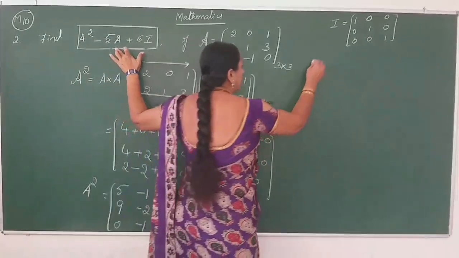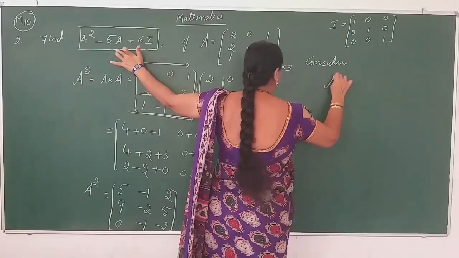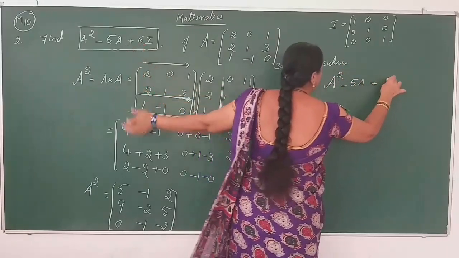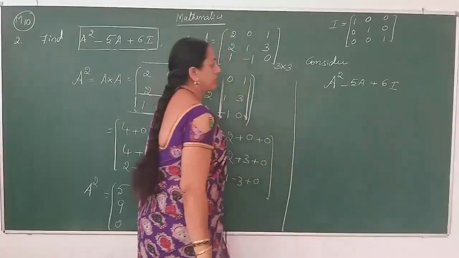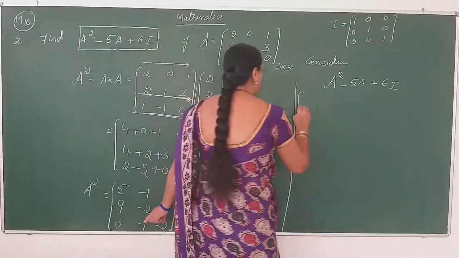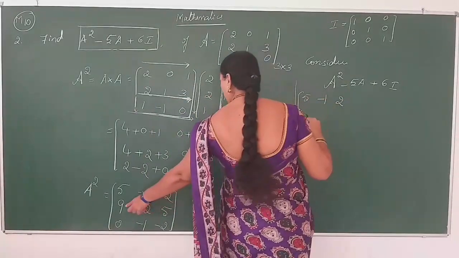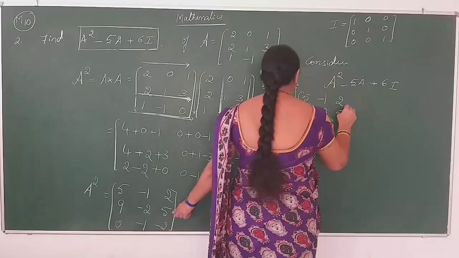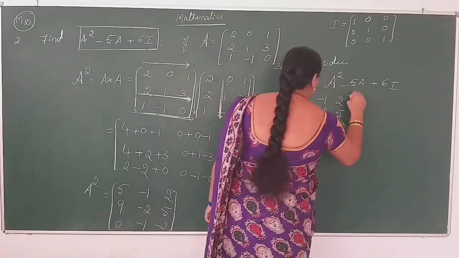After that, consider the equation A square minus 5A plus 6I. First, A square is nothing but 5, minus 1, 2, 9, minus 2, 5, 0, minus 1, minus 2.